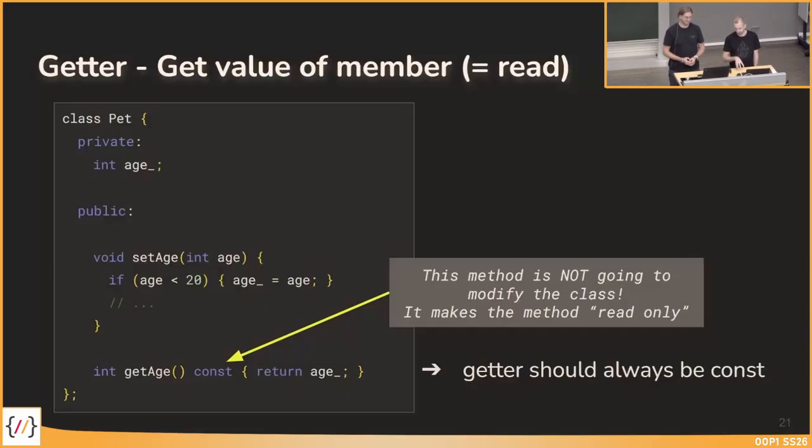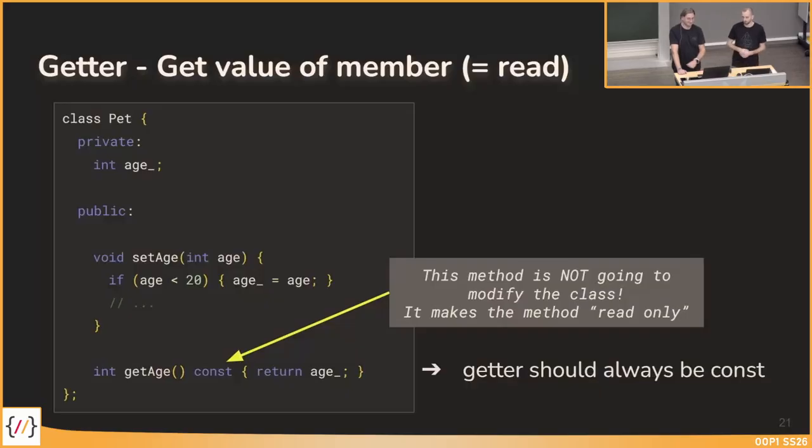So the class has attributes like the age, and when I write const here between my method declaration and the body, this means that this method will not modify this current pet object. So in this case, it will not modify the age or any other attributes inside.